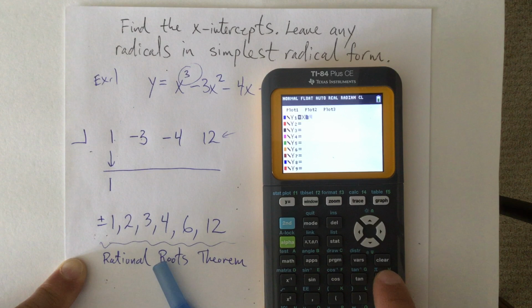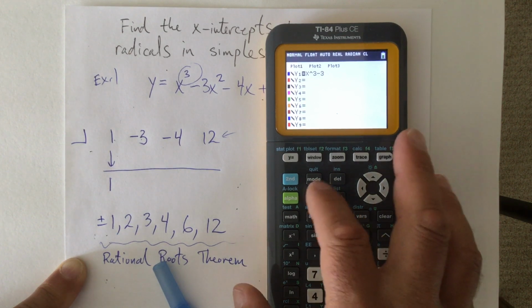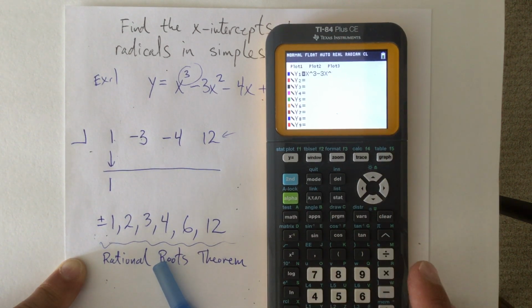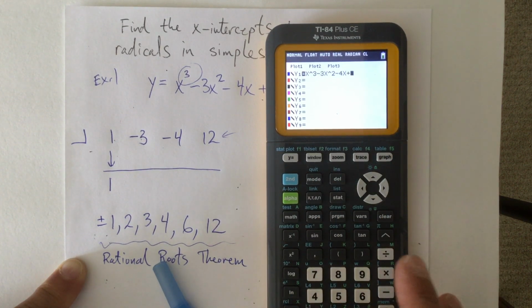I'm going to take X to the power, that's the caret key right there, of 3, minus 3X to the second. Let's keep entering. I need minus 4x plus 12.